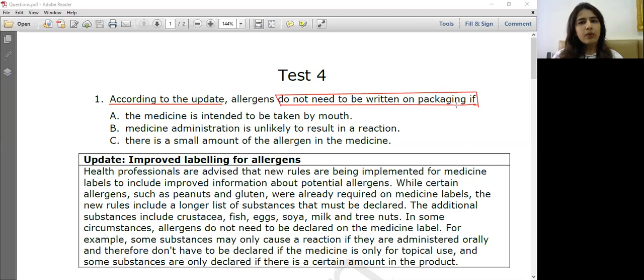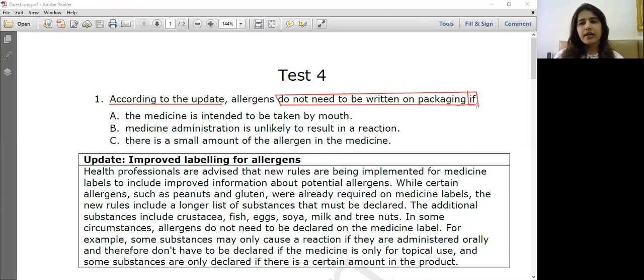But in a detail question, the question prompt itself will ask you to find out a specific situation. Sometimes it may ask you to find a condition, sometimes an exception. So here it is a condition.